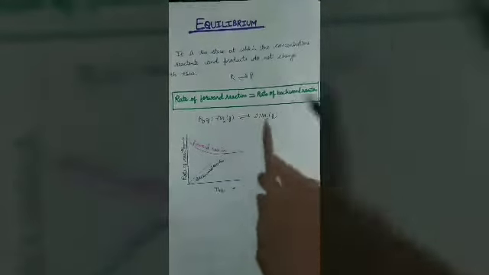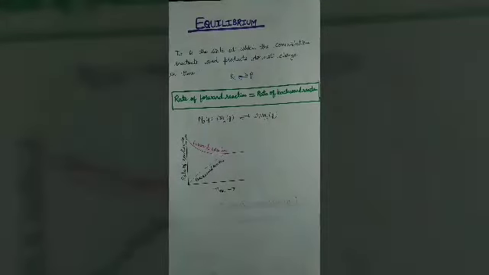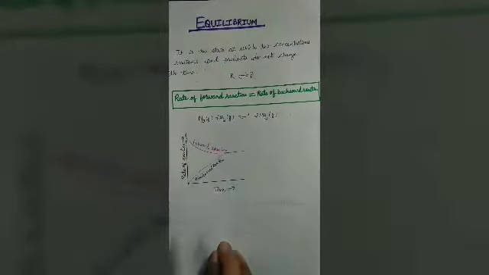Backward reaction means the reaction when the products are getting converted into the reactants again. So equilibrium is a state where the rate of the forward reaction must be equal to the rate of the backward reaction. This can be proved with the help of this example.